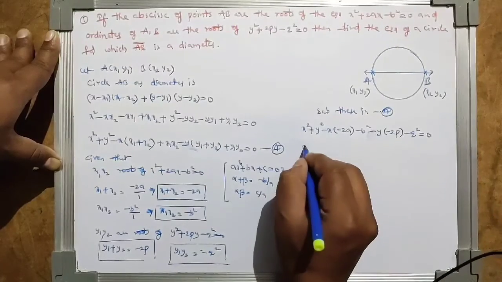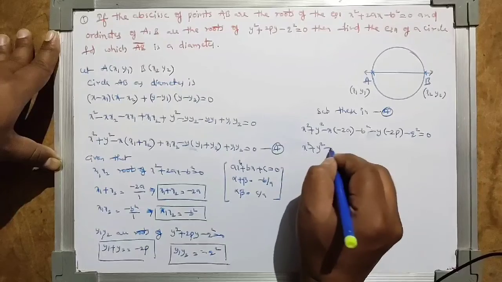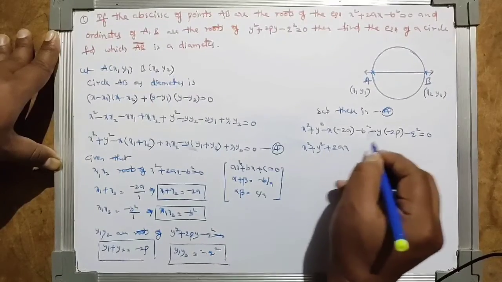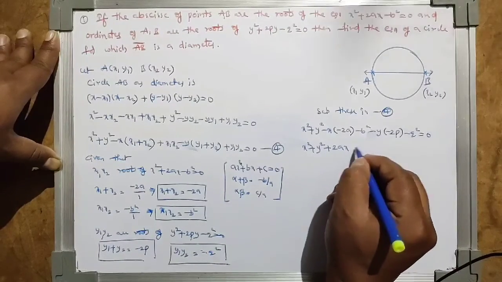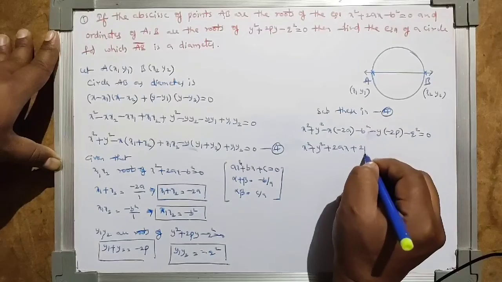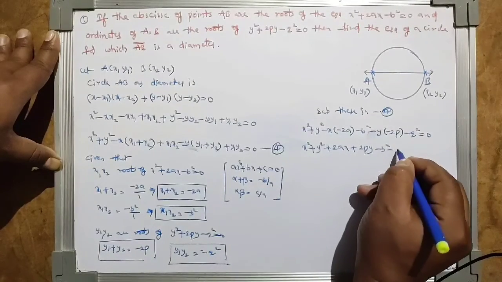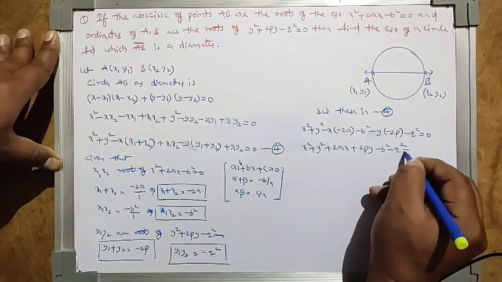Therefore we get x square plus y square plus 2ax, plus 2py, then minus b square minus q square is equal to 0.